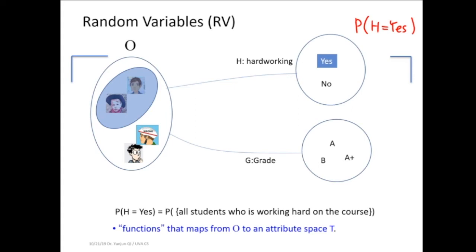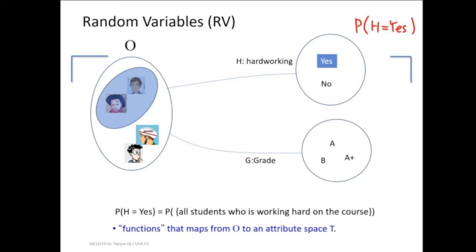So in the end, a random variable is a function on the sample space. It maps the elementary event in the sample space into some output attribute set, and the output of that attribute set is exactly the random variable's values. So P(H = yes), or P(H = no), P(G = A), P(G = B), or P(G = A plus).